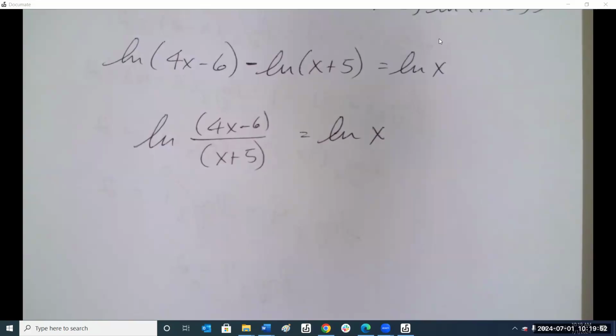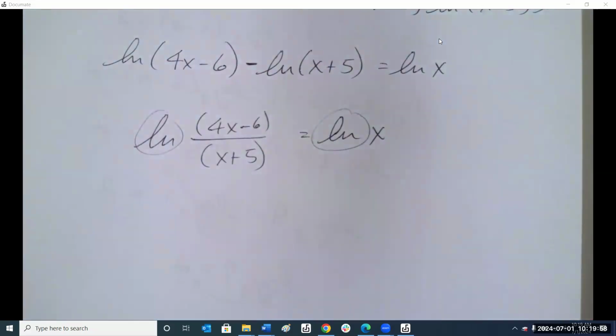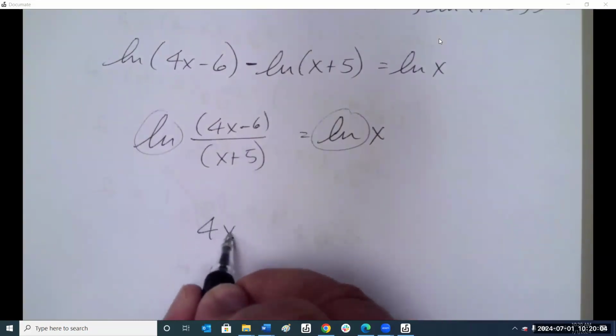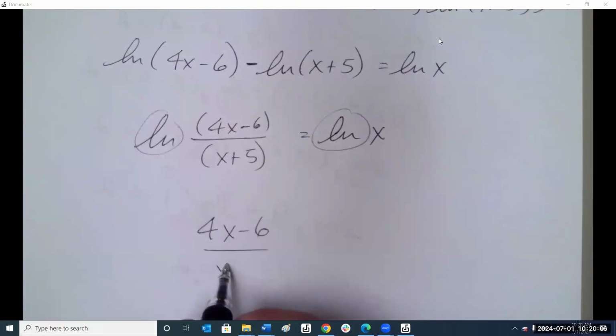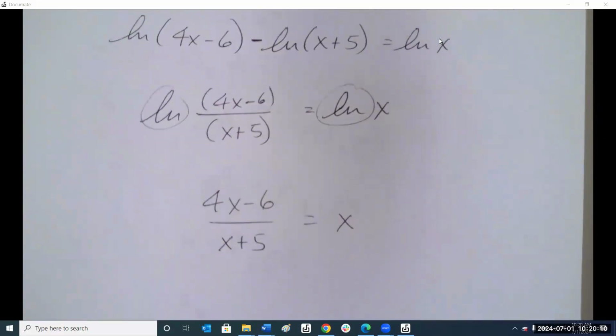By the property of logarithmic equality, since there are ln's on both sides, the only way they can be equal is if 4x minus 6 over x plus 5 equals x.